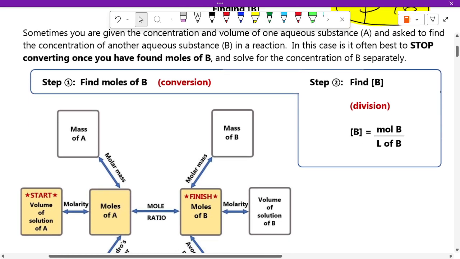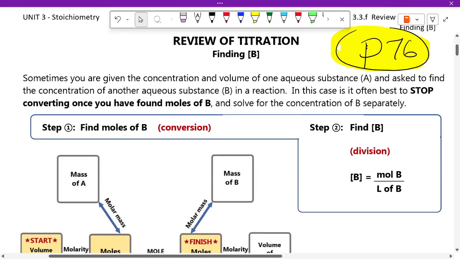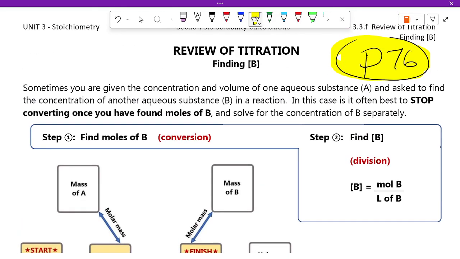Sometimes you are given the concentration and volume of one aqueous substance.